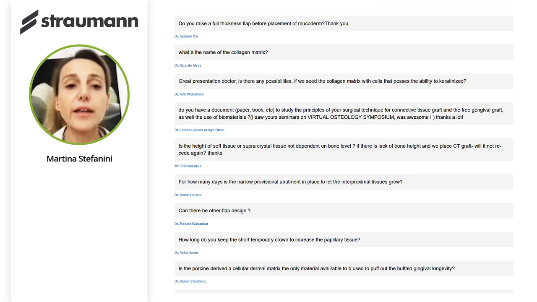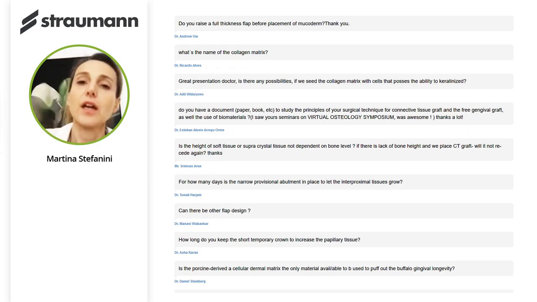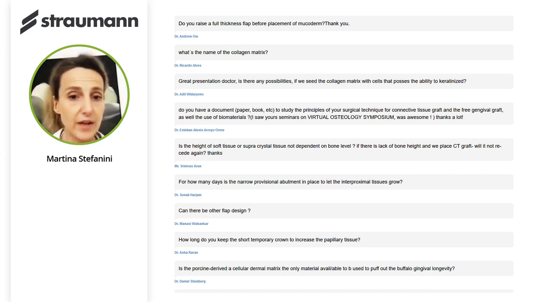And yes, I elevate the flap in the same way. Split thickness at the level of the surgical papilla, full thickness in the central portion, and then more apically again, full deep split thickness incision and superficial incision to obtain the release of the flap.